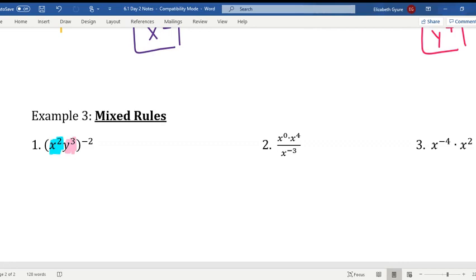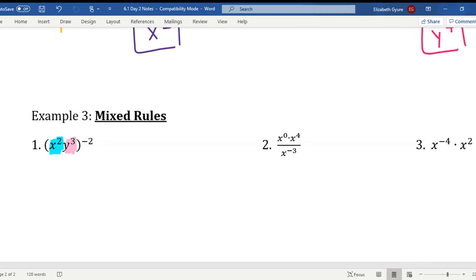Which rule is this? Is this product rule, quotient rule, or power rule? Do you see a multiplication sign anywhere? No, but I do see parentheses. Parentheses mean which rule?